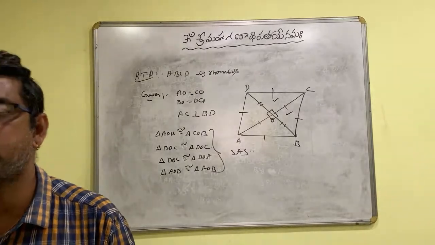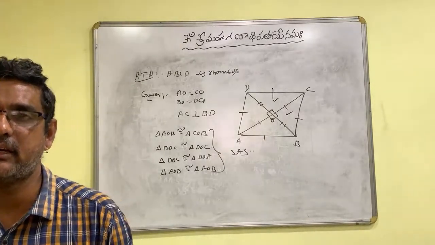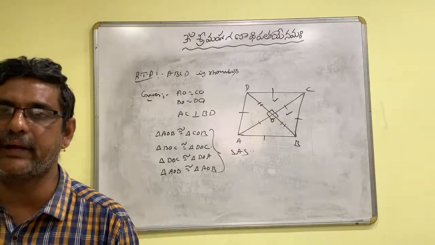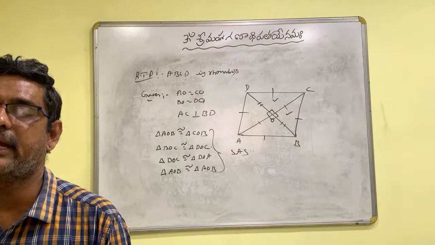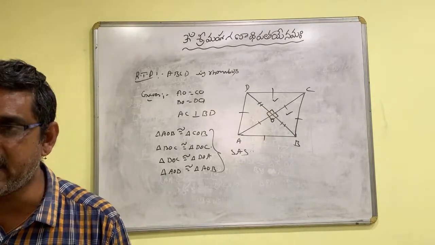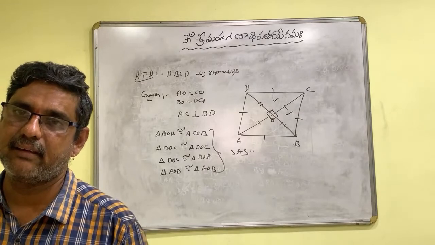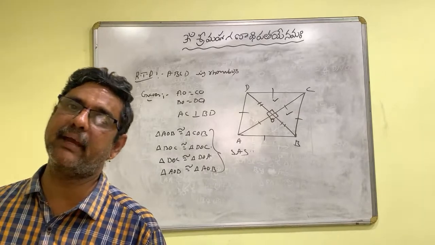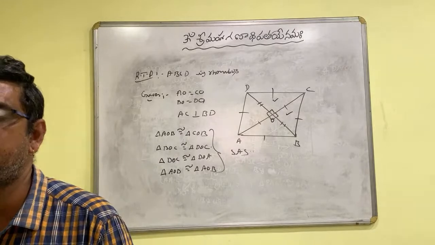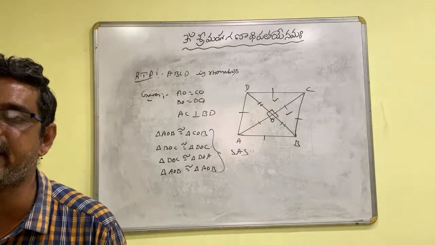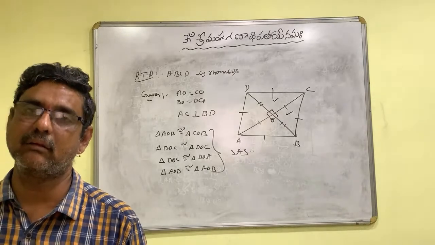Children, when you are writing this answer, you need to prove only one pair congruent, and you can write the remaining pairs similarly. The remaining pairs are also congruent. So all sides are equal. AB, BC, CD, DA are equal.